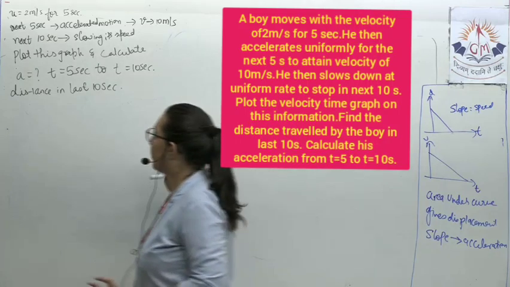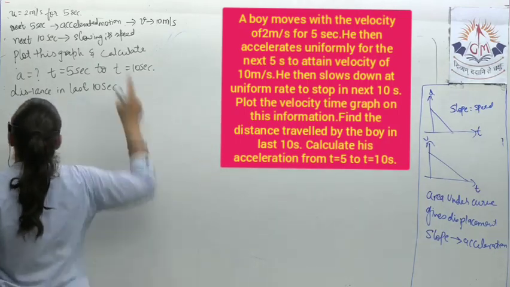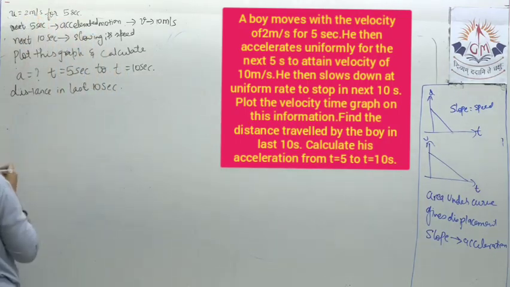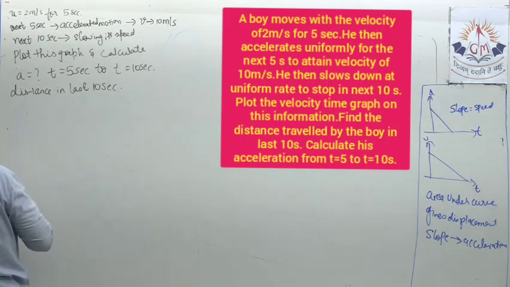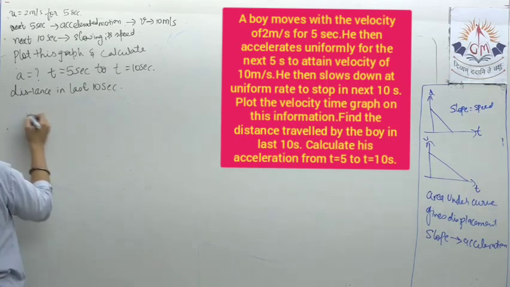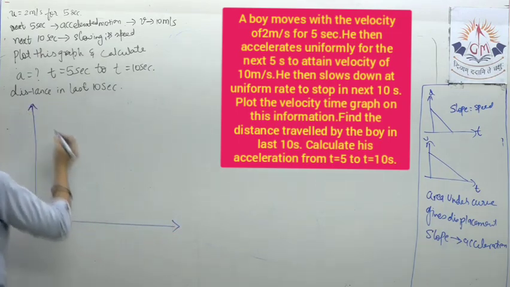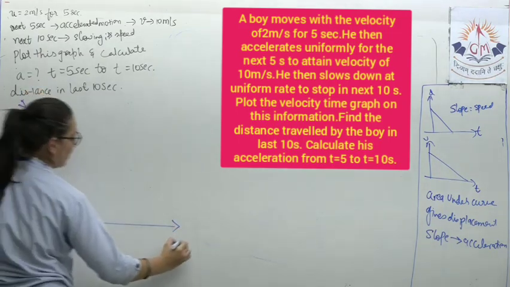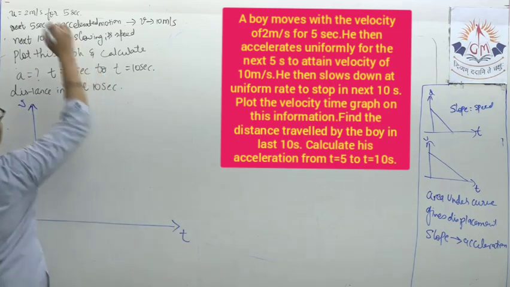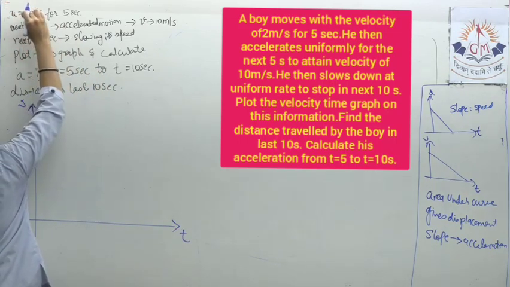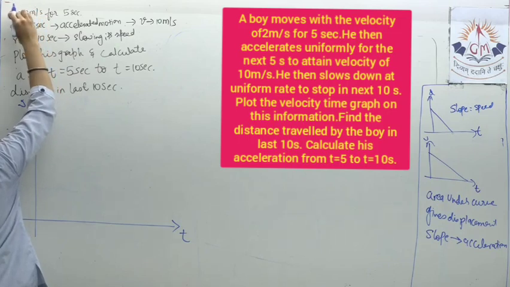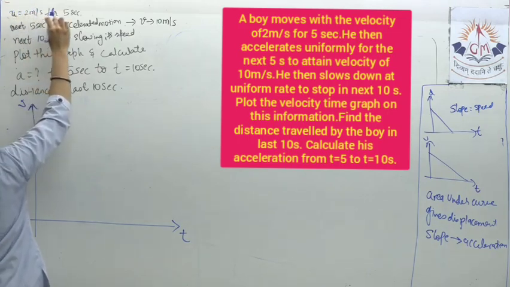So let's have a look at how the graph is plotted. Initial velocity is given, so the graph is not starting from 0. It is starting from 2. This is a velocity versus time graph. It starts from 2 meter per second.